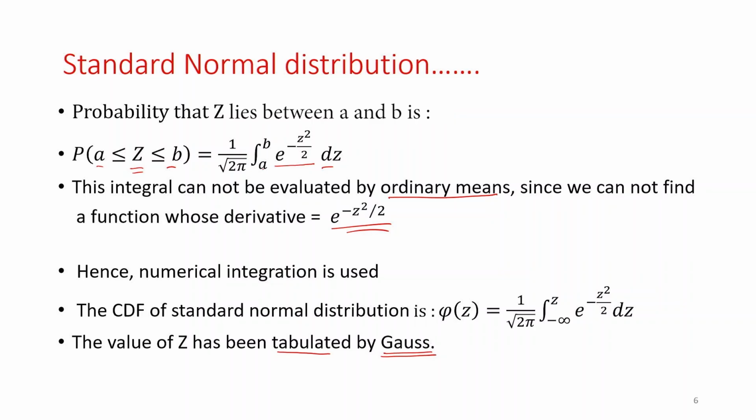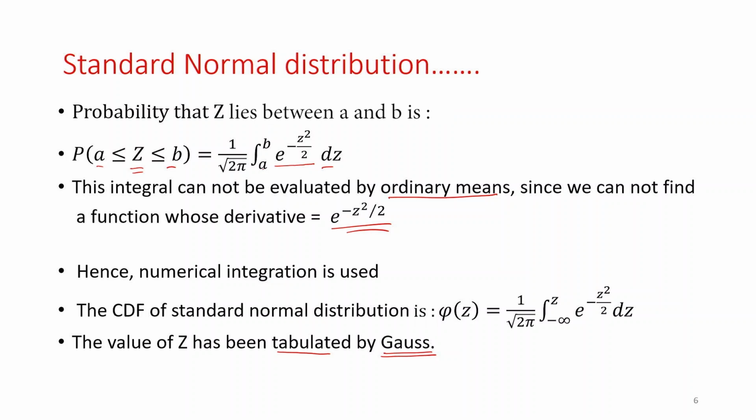He has done this numerical integration for various values of z. And then he has given a table to us, and that table is extremely helpful for finding out the probabilities.